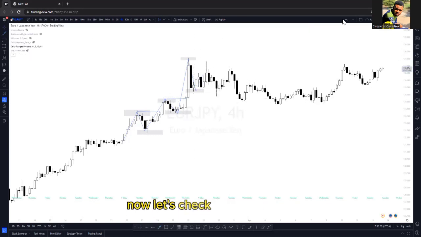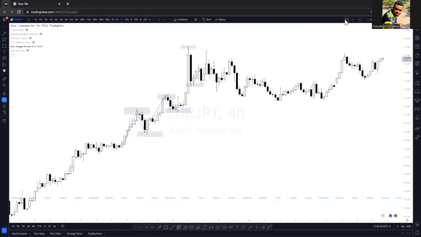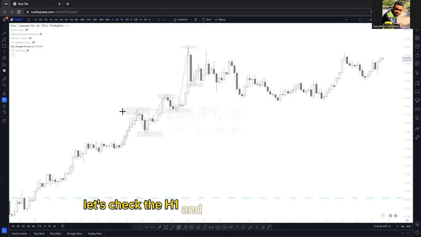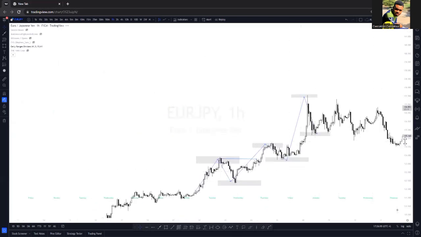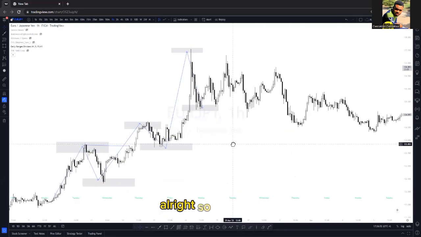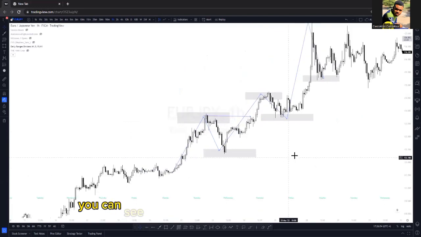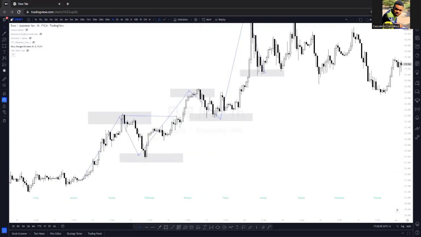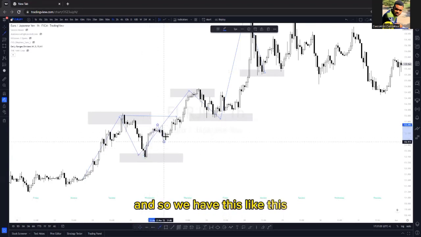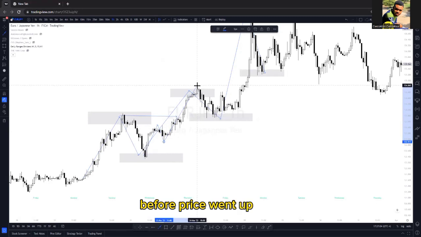Now let's check the H1 and see the complex pullback. Okay, let's have the markups. Good. Right, so in the H1, you can see we have these complex pullbacks inside. We had this before price went up, right?